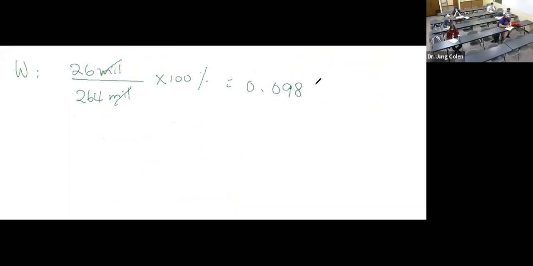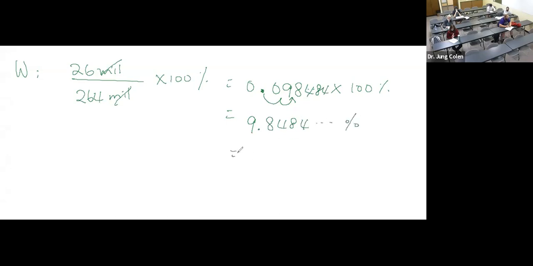0.098. Times 100, which is 9.848484. What was it here after 8? 48484? Yeah. Okay, so we have 9.848484 percent.